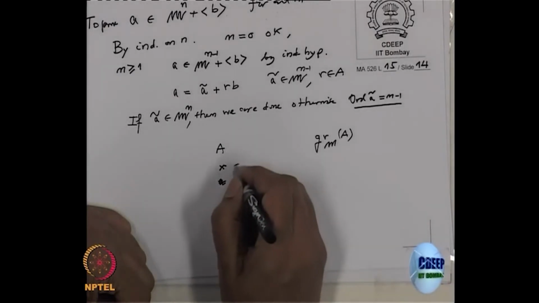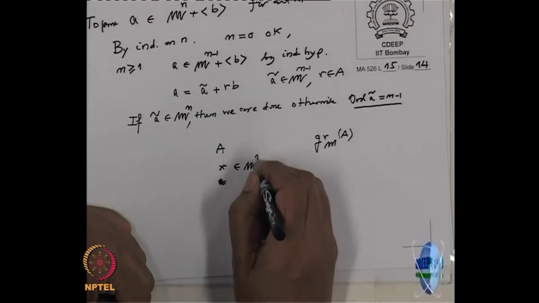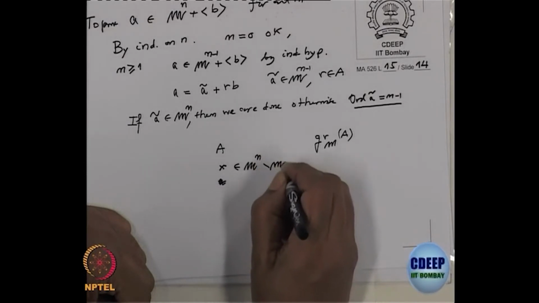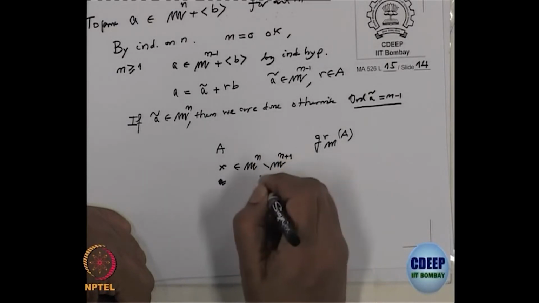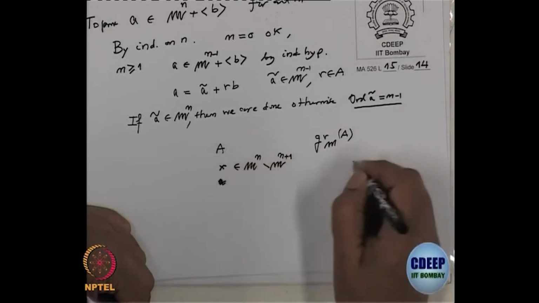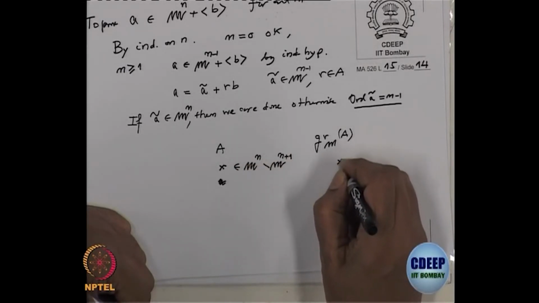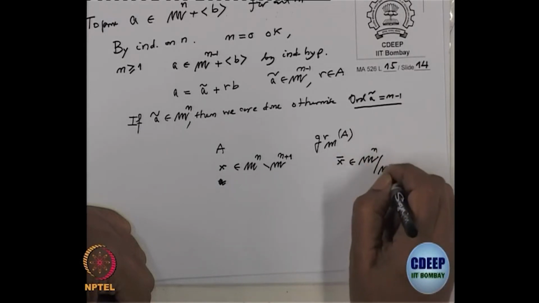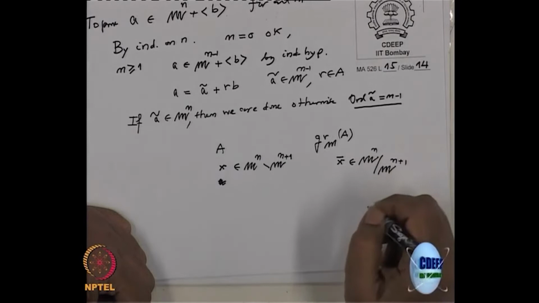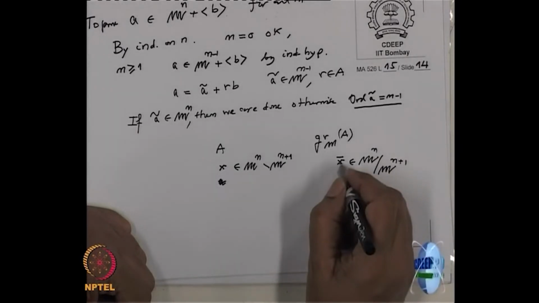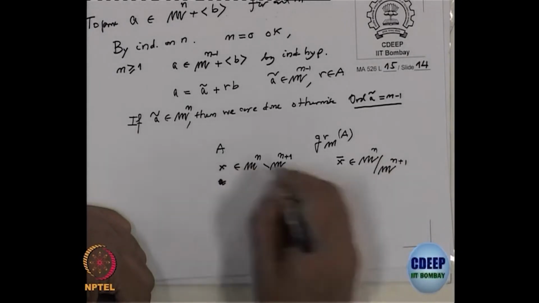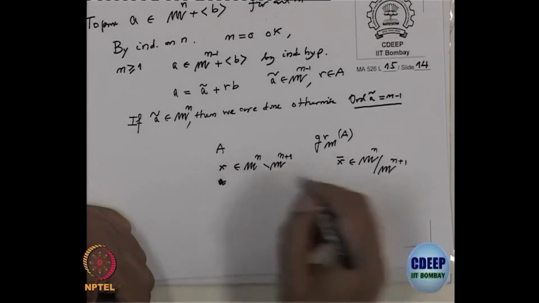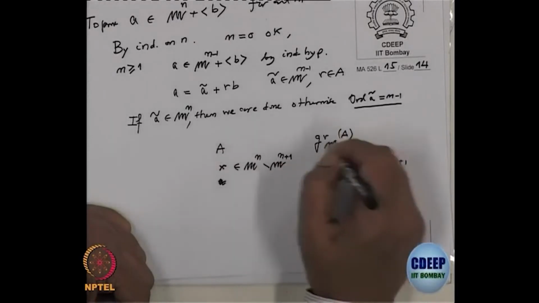See, if this x belongs to m^n but not in the next power m^(n+1), then you will read x as x bar, which will be in m^n / m^(n+1), with x going to x bar. That is how you read elements of A in the graded ring.